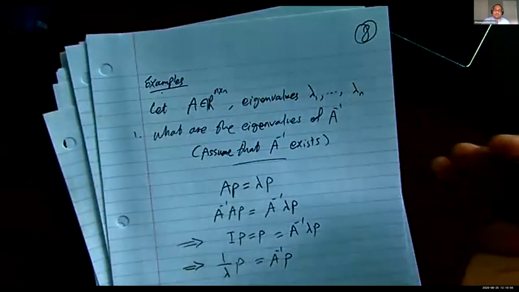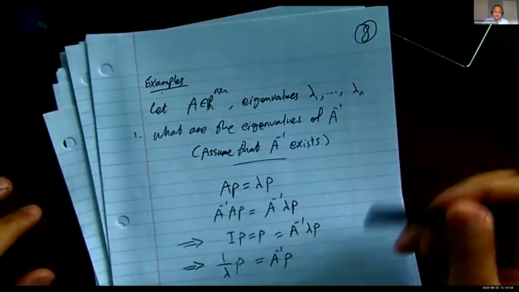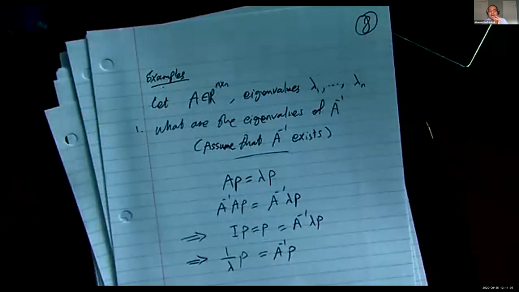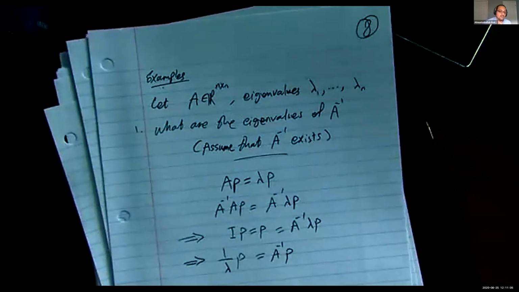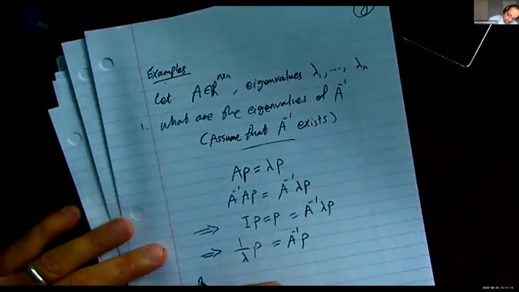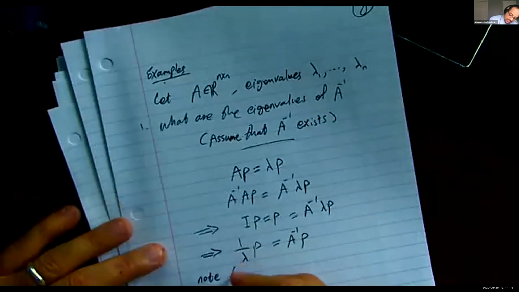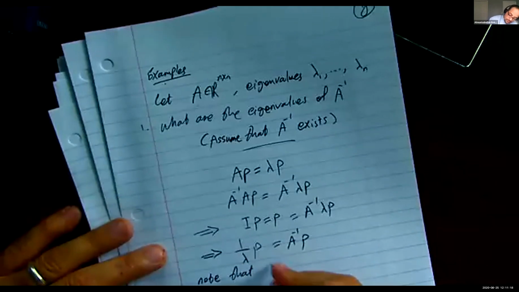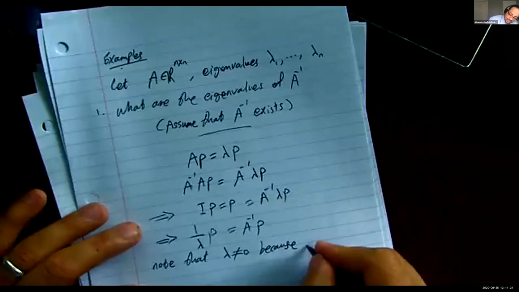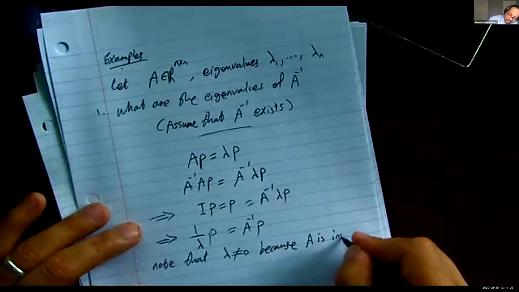This is one of the properties of matrices: a matrix is invertible implies that no eigenvalue is equal to 0. So note that lambda is not equal to 0. Why? Because A is invertible.